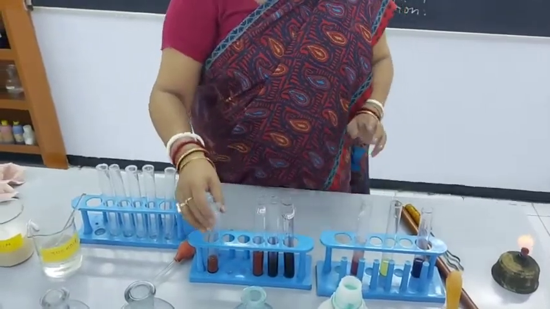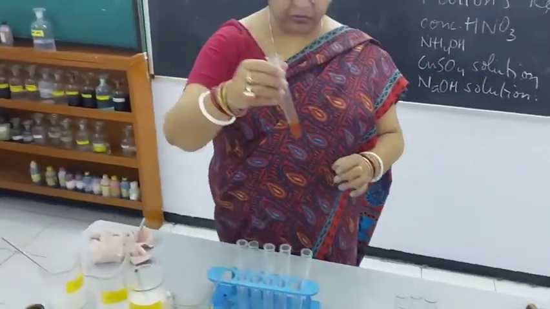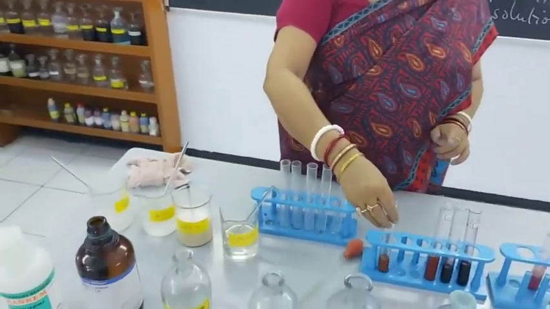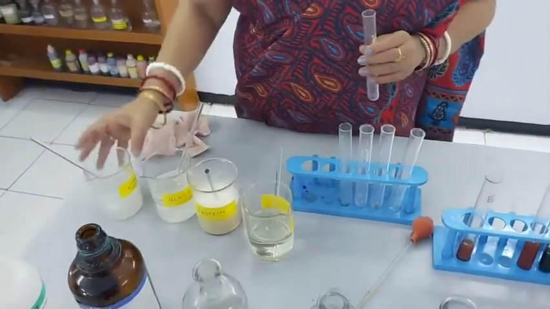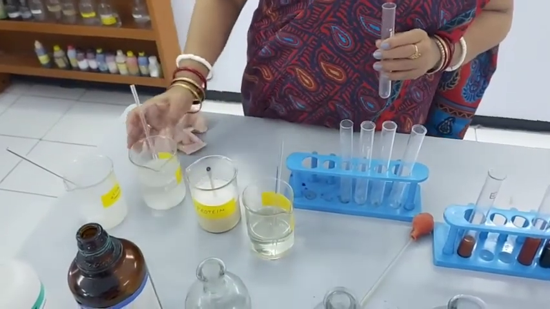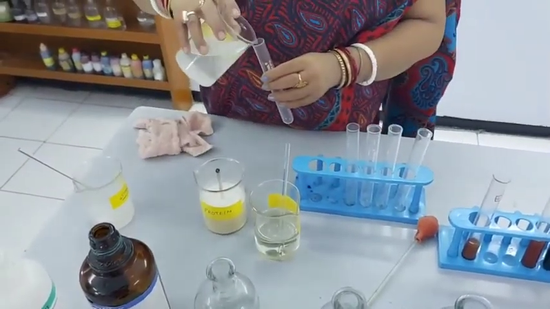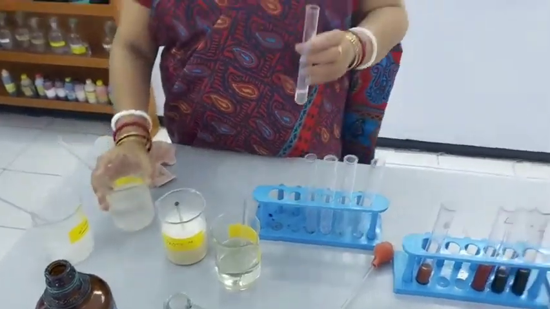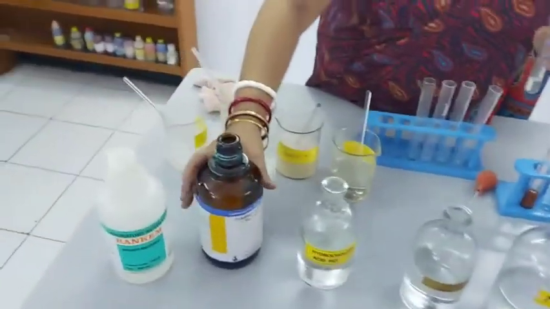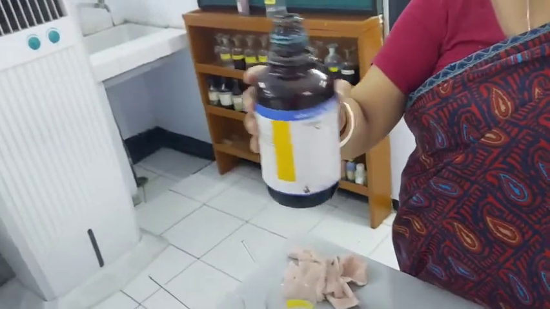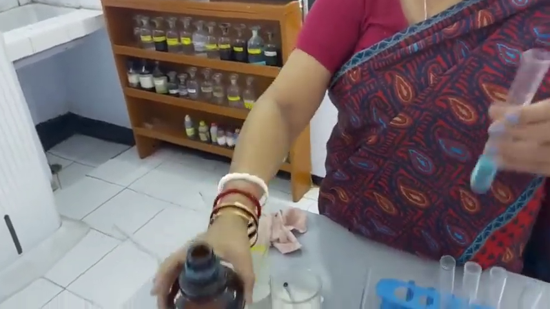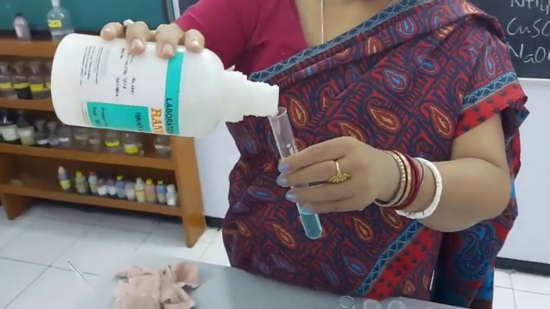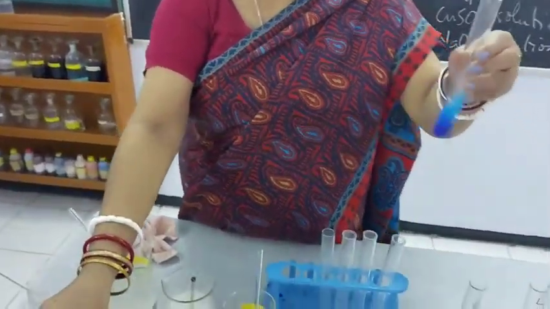Now for the second test, this is the test for the glucose. This type of color should come. For this we take the solution of glucose. This is the glucose solution. Again we take just 1 ml and then we add these two reagents, Fehling's 1 or Fehling's A, and then we will add Fehling's B solution, and then we get this color.